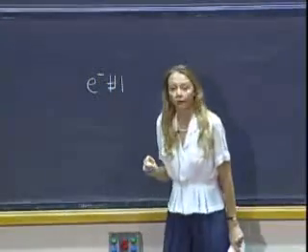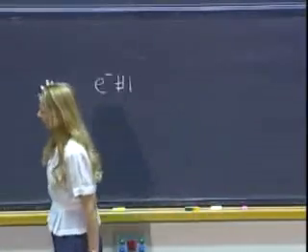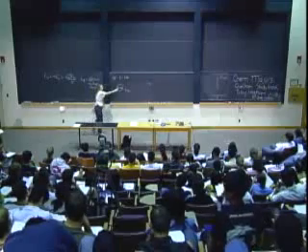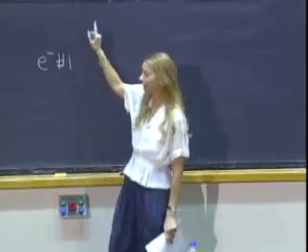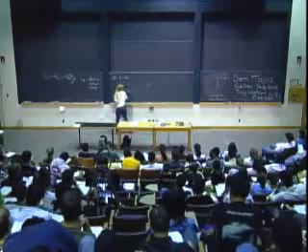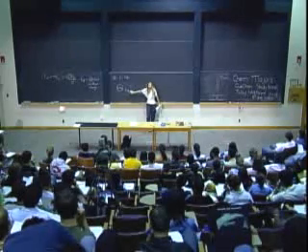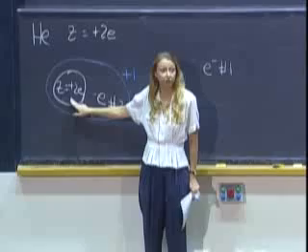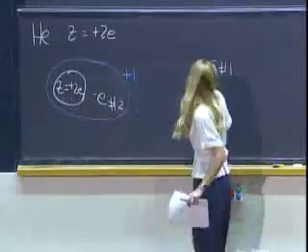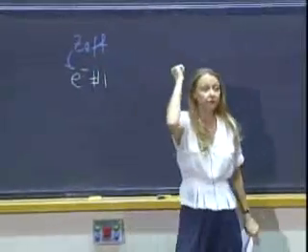With electron number 1 way out here, the nuclear charge that electron number 1 experiences, because it's so far out, looks like a plus 1 charge, because this electron, on the average, is canceling one of the positive charges on the nucleus. So the effective charge for this electron way out there is plus 1.